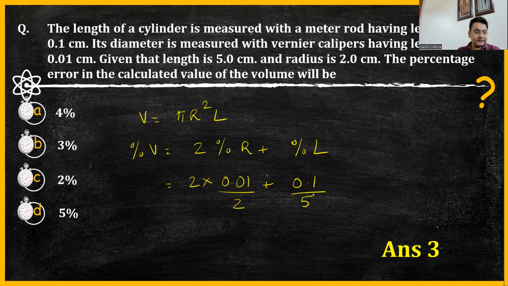Yes or no? Yes, sir. From here you will get the answer, and I think the answer that is given is C, 2%. We get this? Yes, sir. Anyone understands this? Yes, sir.